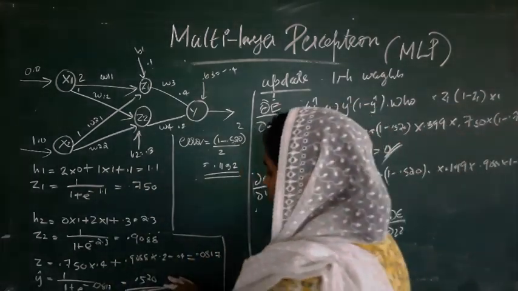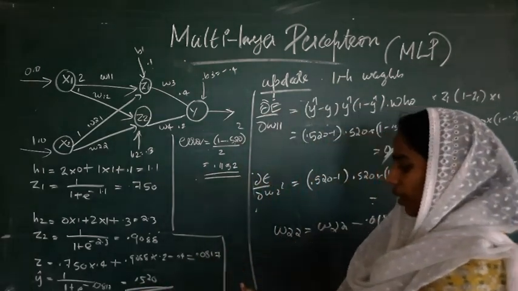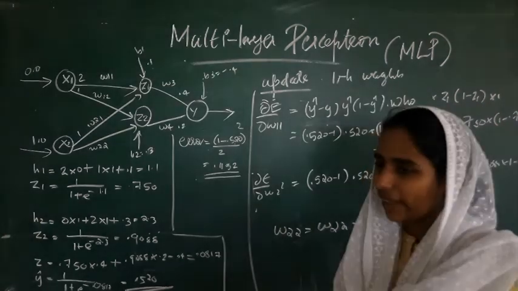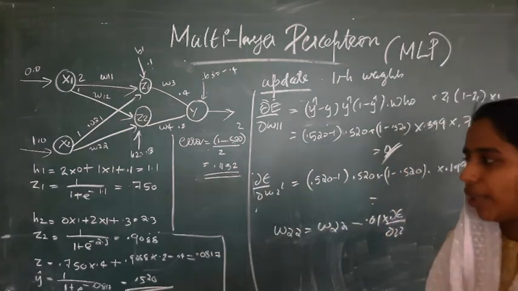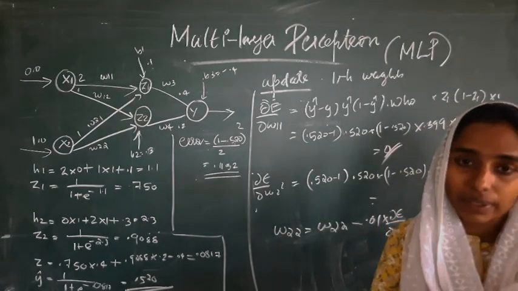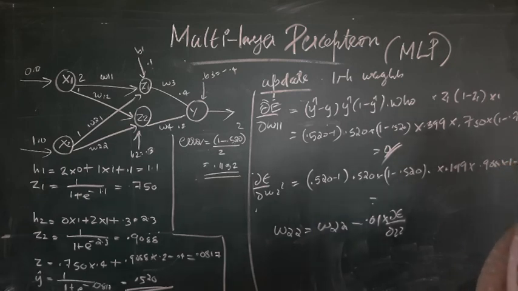This time the output value will be greater than 0.520 and it will be closer to 1. And after doing it repeatedly for many times, you will get a value which is very close to 1 and the error will be very small. So when you are satisfied with the value of error, you can stop the process. And this is how you do back propagation. Hope this is clear. Thank you.